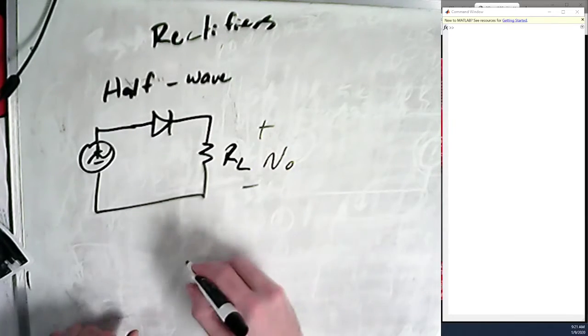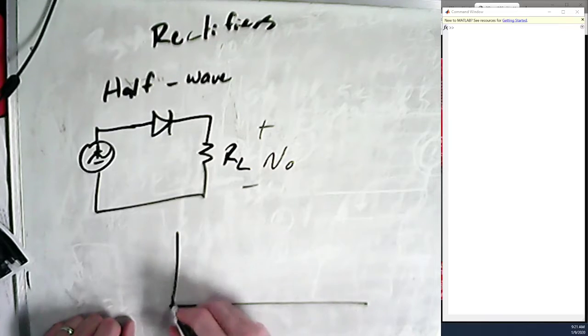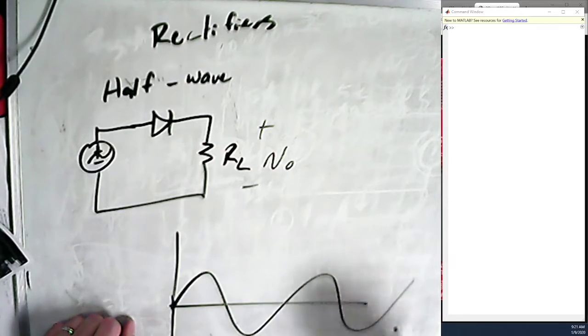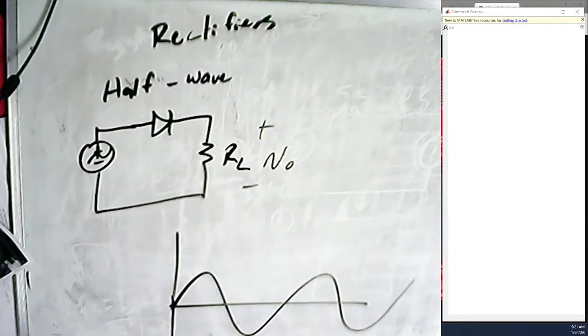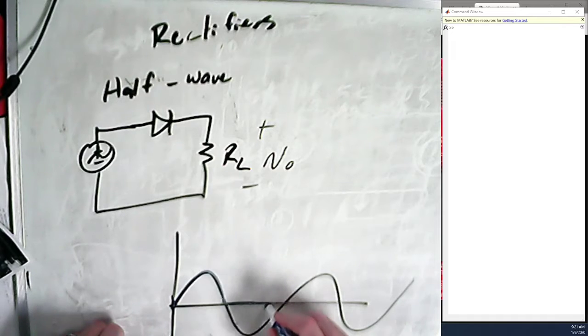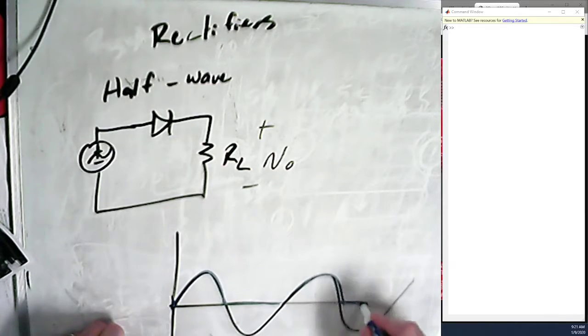We already did this a little bit, but I just wanted to point out a few interesting things. What we end up with is, over time, maybe a sine wave that we put in that looks like that, and the voltage that we get over the resistor is just going to be half wave rectified, meaning this.